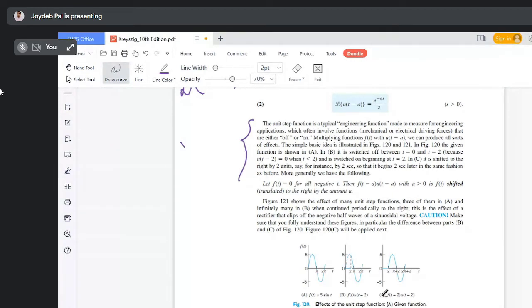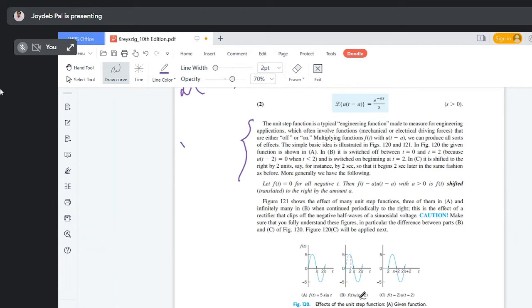So this is actually the sine graph shifted completely by 2 units. Okay, so f(t) is equal to 5 sin t, it is the simplest function you can take. Okay, it is a simple function, and it is expanding from minus infinity to infinity, all of you know.